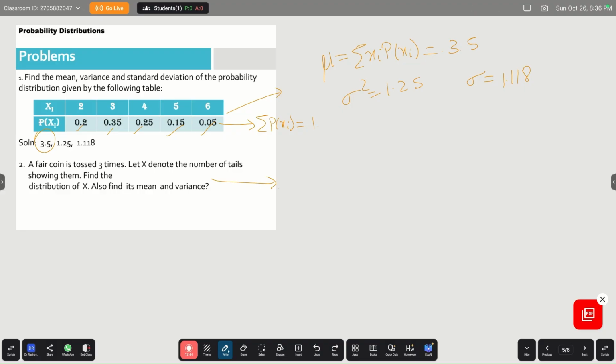And to prepare your own distribution table, I have given a random experiment where 3 coins are tossed. 3 coins means you will have 8 outcomes: HHH, HHT, HTH, HTT, THH, THT, TTH, and TTT. So like the previous problem, you can prepare your own distribution table where x denotes the number of tails.